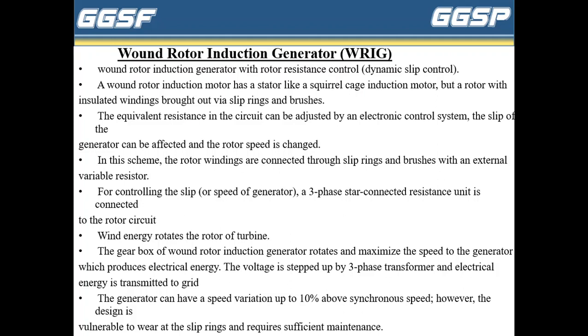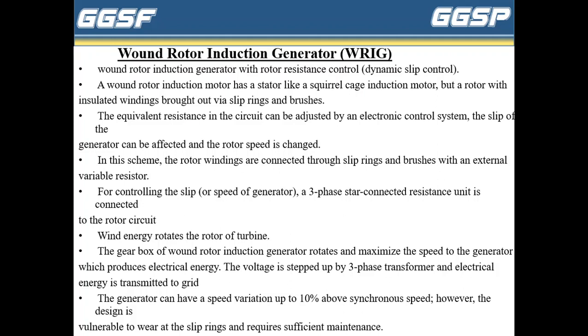In this scheme, the rotor windings are connected through the slip rings and brushes with external variable resistors. For controlling the slip, a three-phase star connected resistance unit is connected to the rotor circuit. Wind energy rotates the rotor of the turbine.